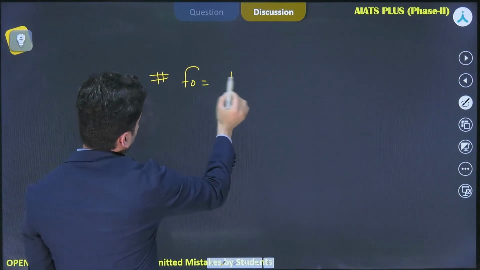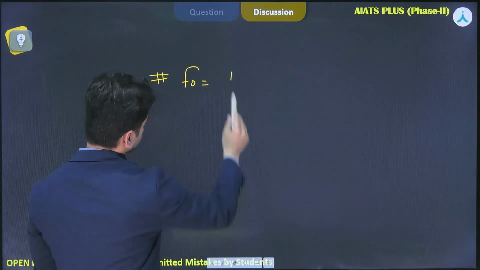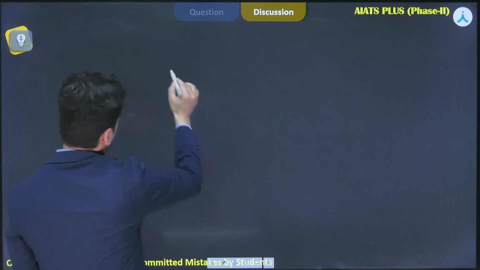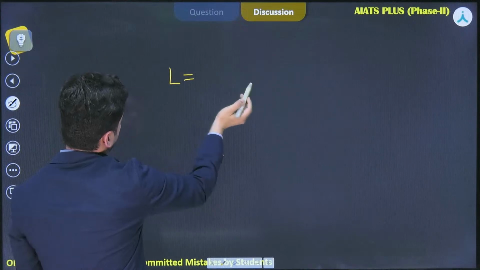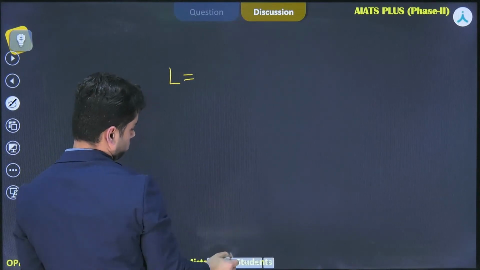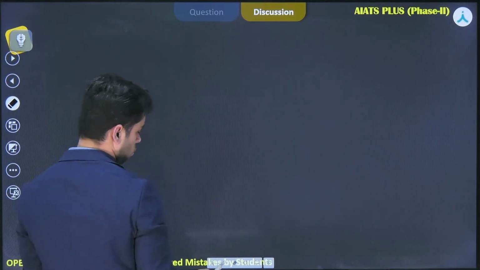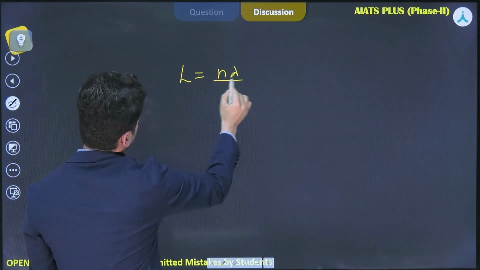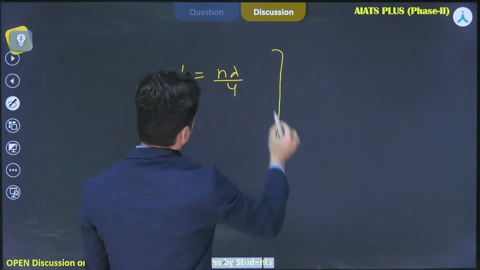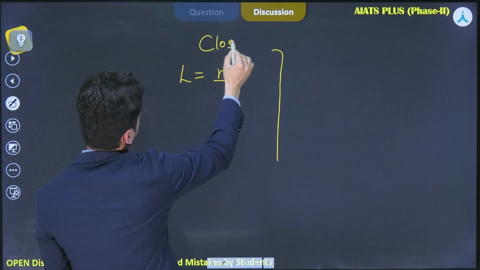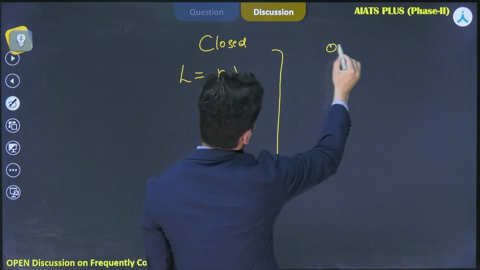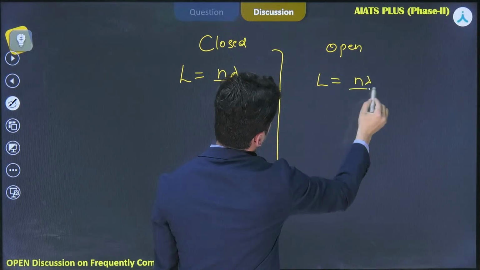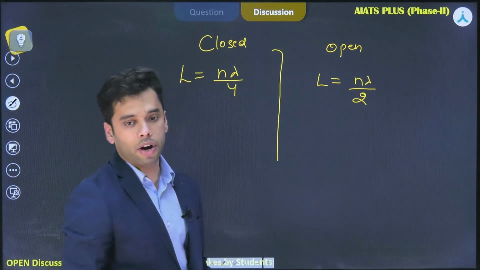And I hope you know the basic formulas for F naught. If I write in terms of length, for the closed organ pipe, L is equal to n lambda by 4, and for the open organ pipe, the length L will be equal to n lambda by 2, where lambda is the wavelength, right?